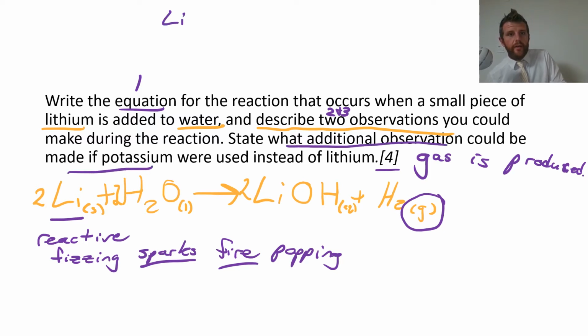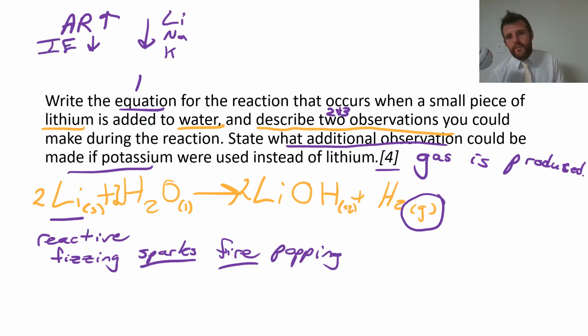So then Li, Na, K. As we go down, atomic radius is increasing. Therefore, ionization energy is decreasing because this is really just a redox reaction. Lithium has 0 oxidation state and then it turns to a +1. Ionization energy is decreasing and also our reactivity for metals is going to be increasing.